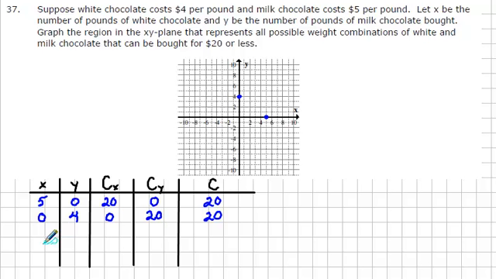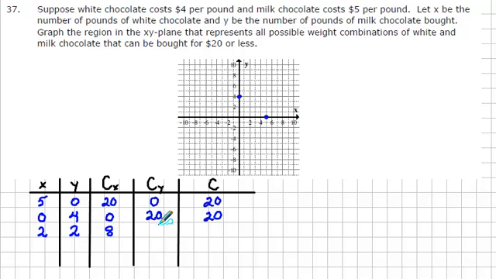All right, what would be a couple other combinations? Well, would it be possible to buy 2 pounds of white chocolate and 2 pounds of milk chocolate? The cost of the white chocolate would be 2 times 4, which is 8.